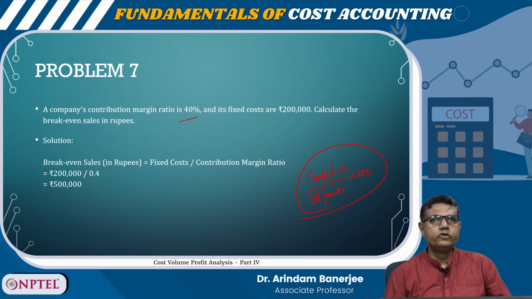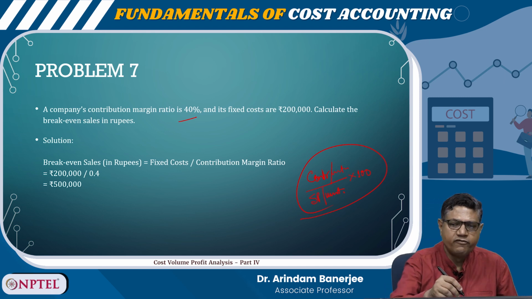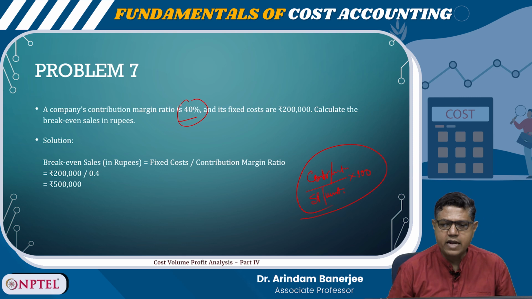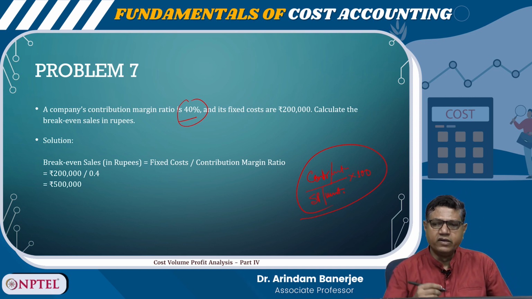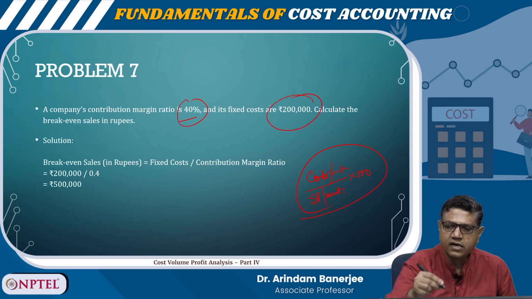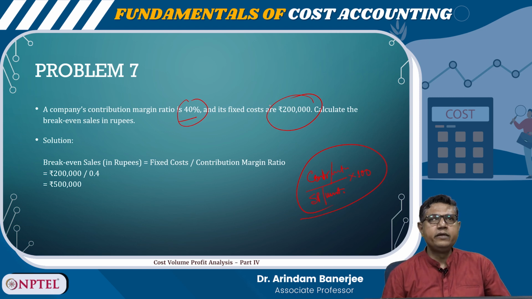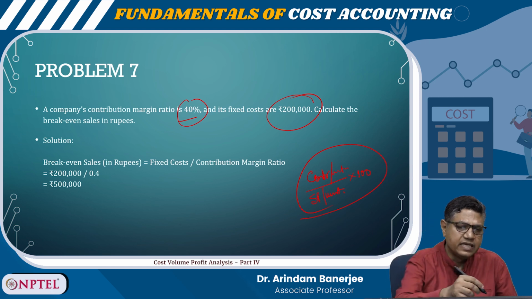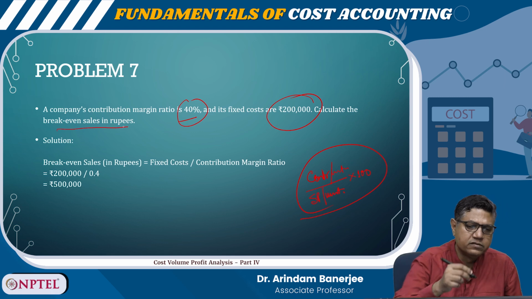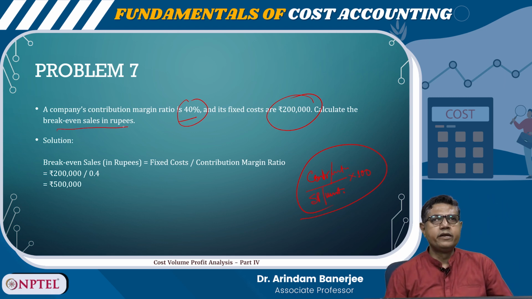So, the contribution margin ratio for a company is 40%, and its fixed costs are given as 2 lakh. I need to calculate the break-even sales in rupees.